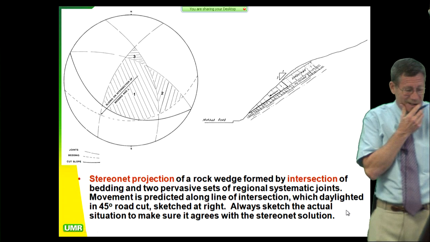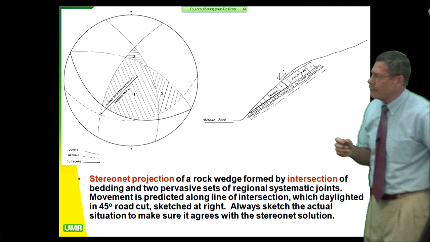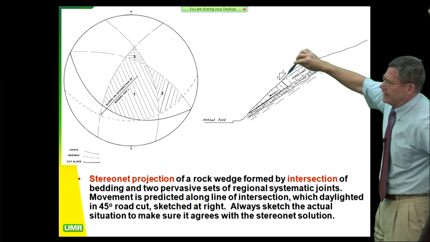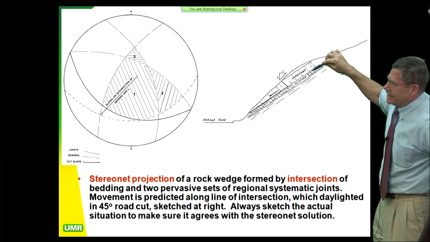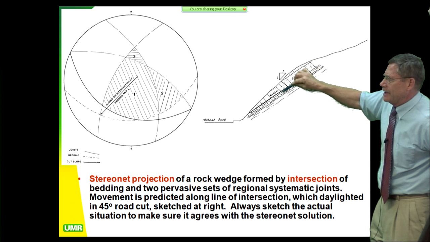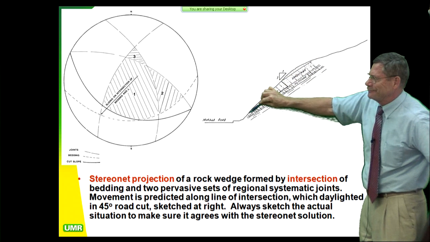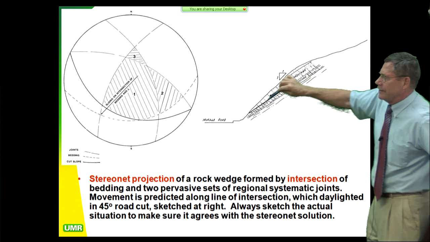Here's another one, a little more complicated, where again, they made the cut at 1 to 1 on this highway, and they have a daylighting plane right here coming down at about a 2 to 1. Or 1.5 to 1, about 33 degrees.